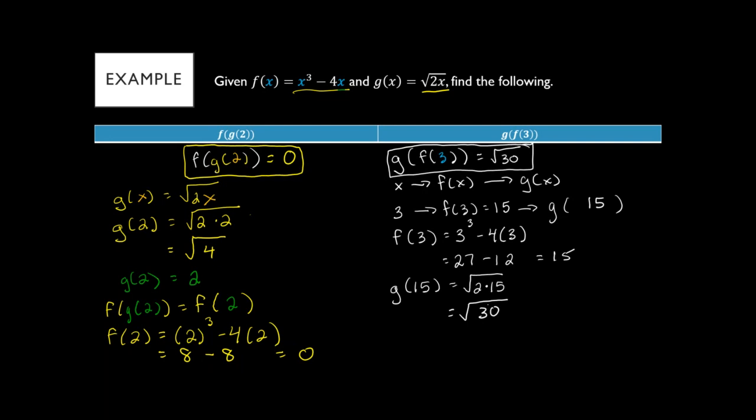So if I do my best to color code, we plugged in 3 for x, and then we got an answer of 15, and so that got plugged into the next function, and that got our second output here.